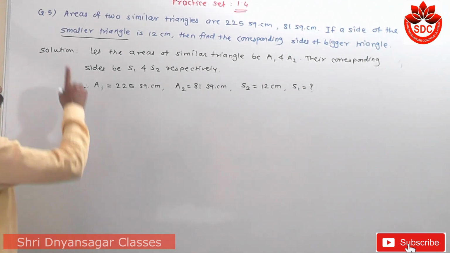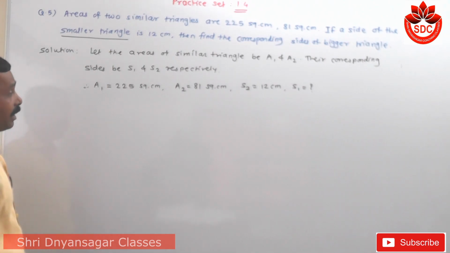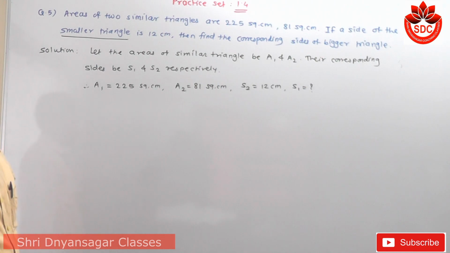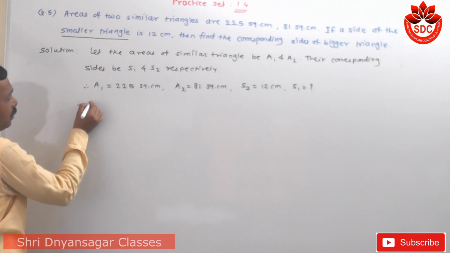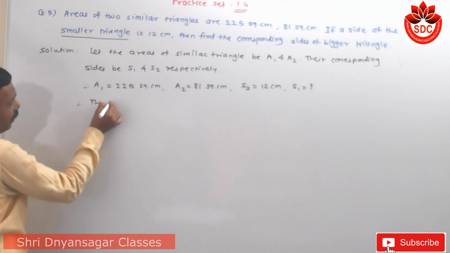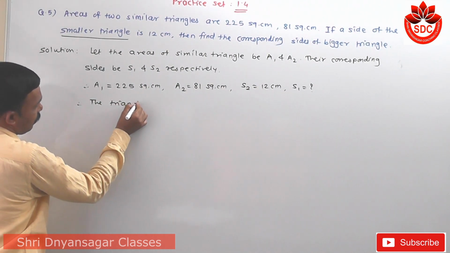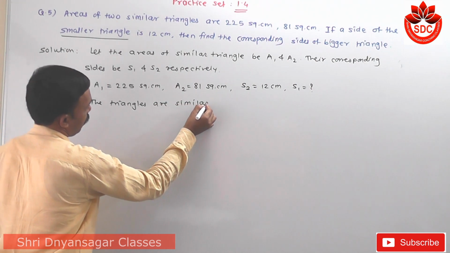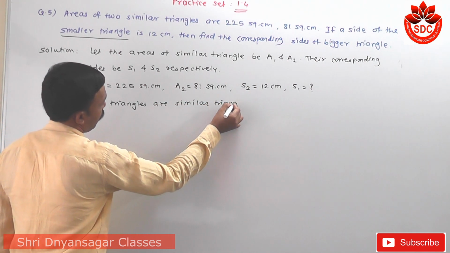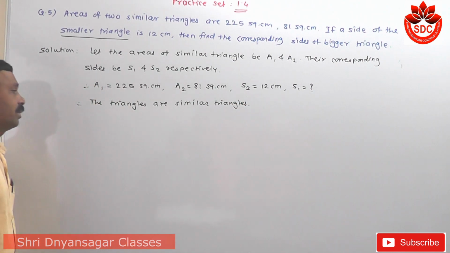Now student, the areas of two similar triangles are given, meaning these two triangles are similar triangles.